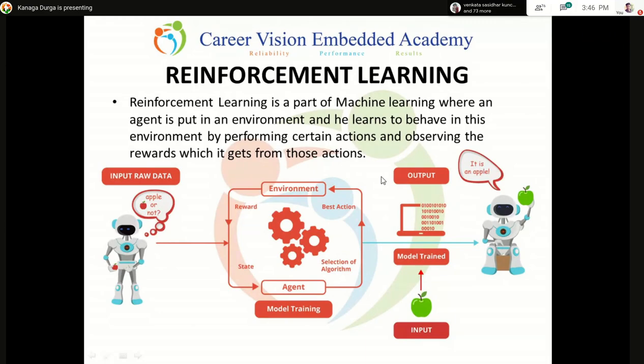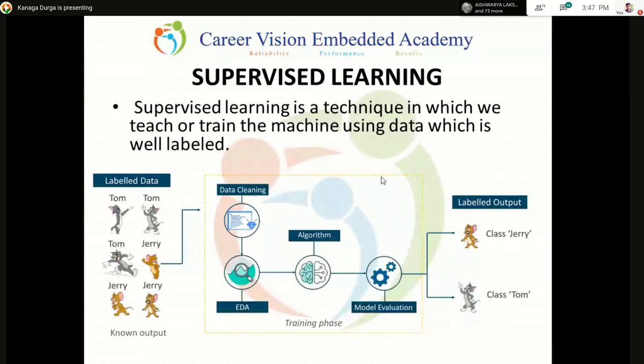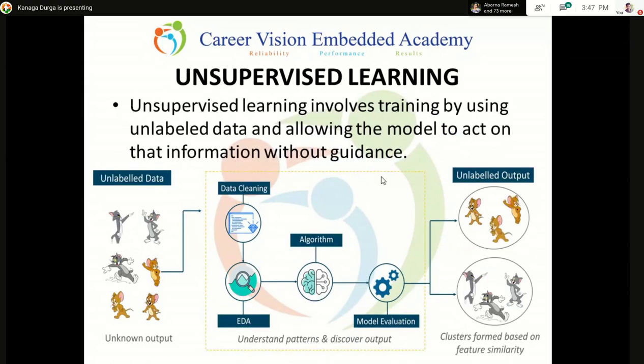So these are the three types of learning in machine learning. Supervised, in which we give labeled data and observe the labeled output. In unsupervised learning, the data is not labeled, and we are not giving any guidance to the system. The output will be the clusters, and the number of clusters will depend on the nature of the data. In this case we have only two types of data, so we get two clusters.